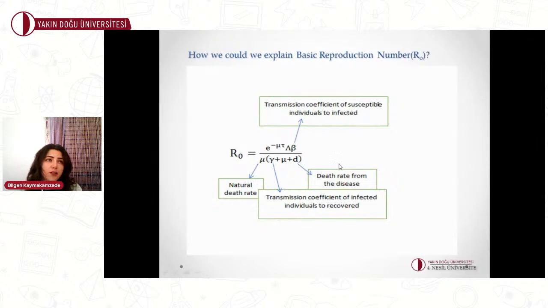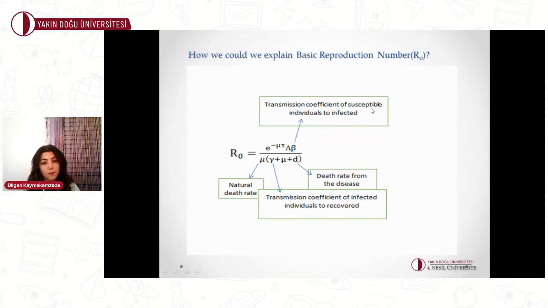Now, if we check how the basic reproduction number works, we want to decrease it below 1. So we want it to be less than 1 for the disease to die out. How can we decrease this R0? Here beta is the transmission coefficient from susceptible individuals to infected.